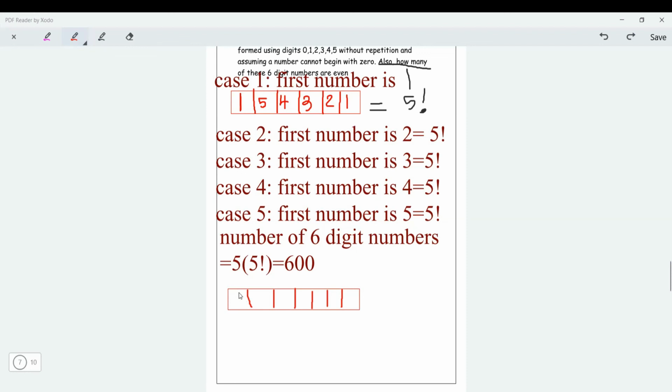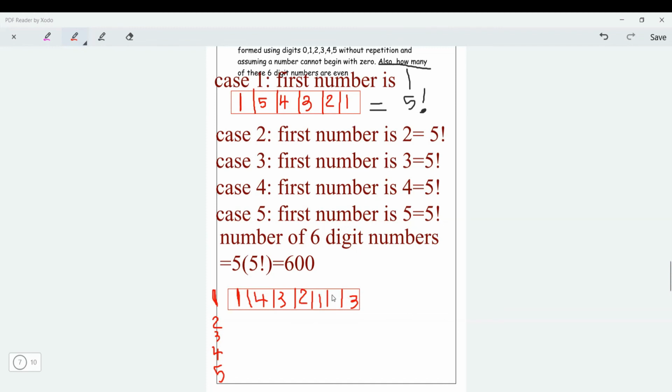This is case 1 when we start with 1. And let's look at the cases when you go 2, 3, 4, and 5. In the case where it starts with 1, it can end with either a 0, a 2, or a 4. Any one can go here, so that's 3, then we're left with 4 numbers, so 4 can go here, 3 can go here, 2 can go here, and 1 can go here.